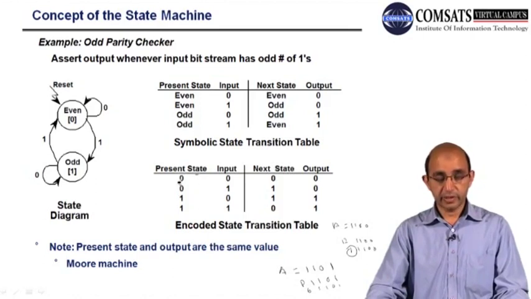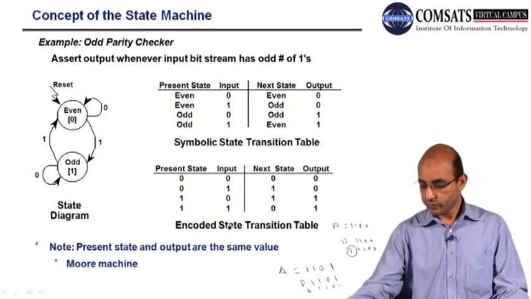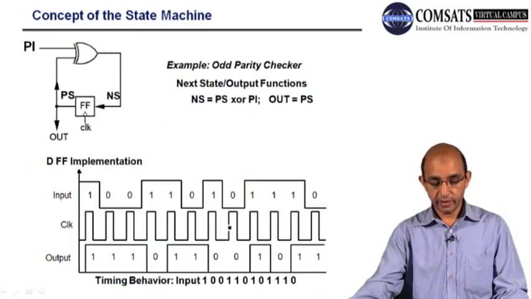So here for present state, we have encoded even with 0 and odd with 1. The input will remain the same, and this is the next state, again even 0, odd 1, right? So this is the same as we have in the symbolic table. So now what do we have to do next, right?